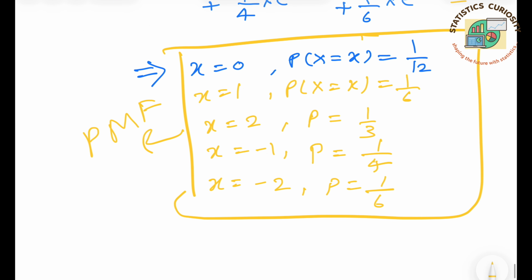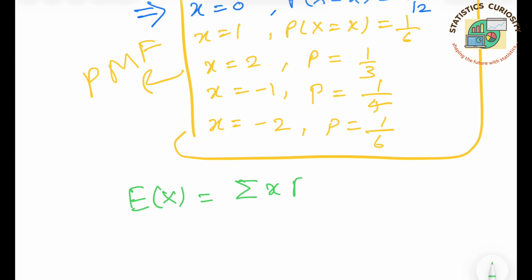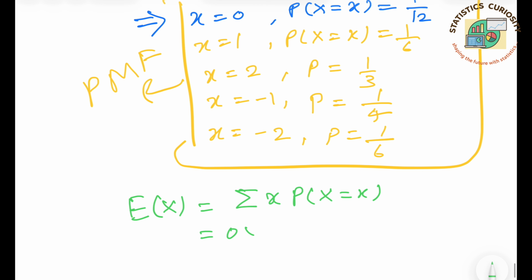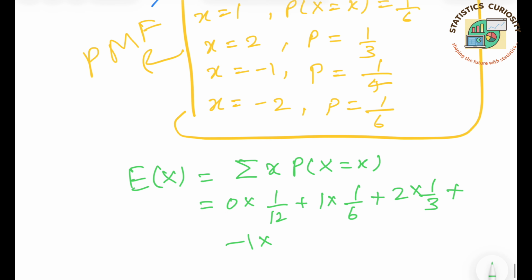Now you can easily find the expectation of x. Expectation of x is the summation of x into probability of x. So it is 0 into 1 by 12 plus 1 into 1 by 6 plus 2 into 1 by 3 plus minus 1 into 1 by 4 plus minus 2 into 1 by 6.